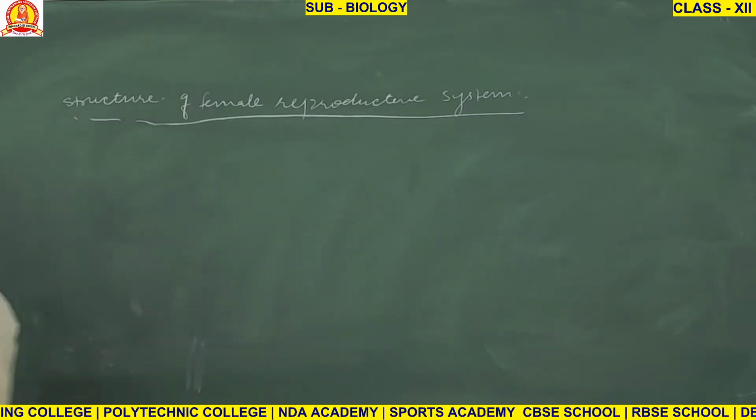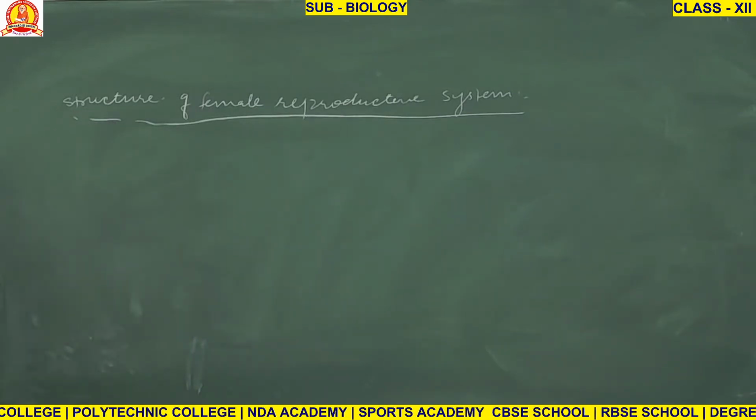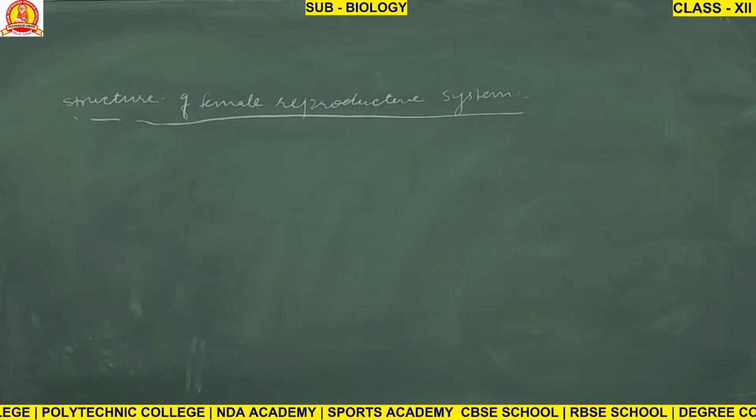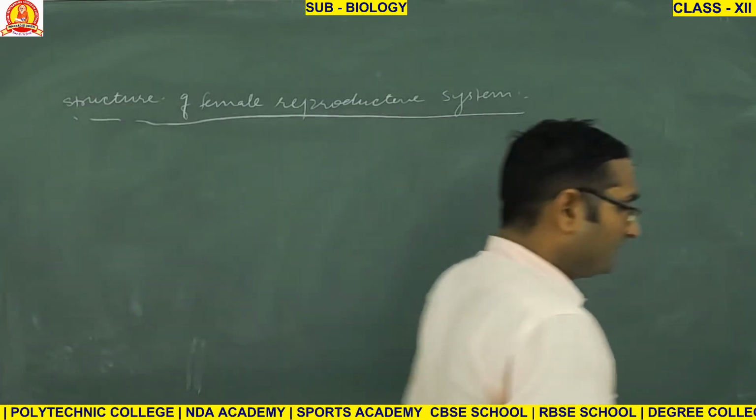Structure of female reproductive system. Like the male reproductive system, the female reproductive system is also divided into some parts.